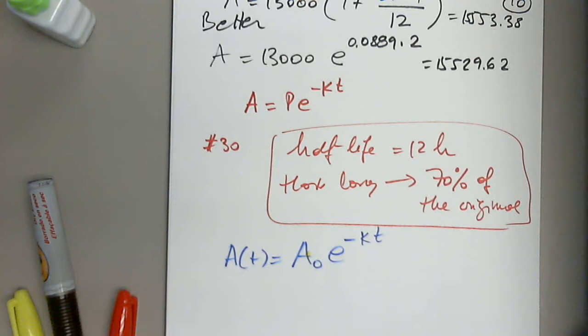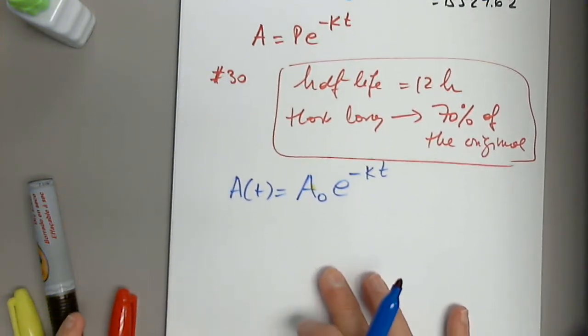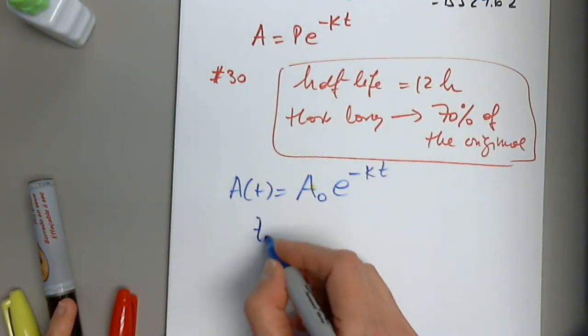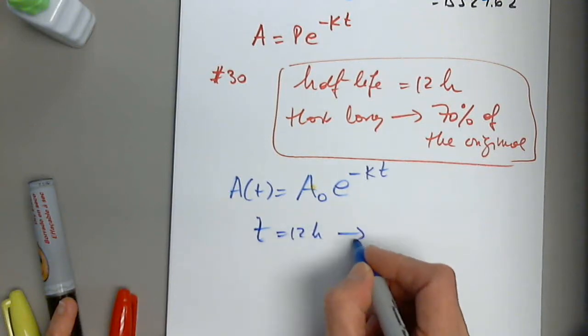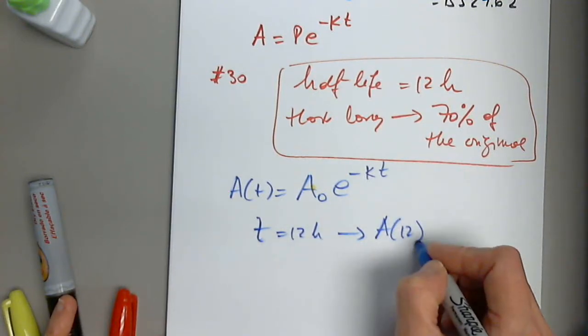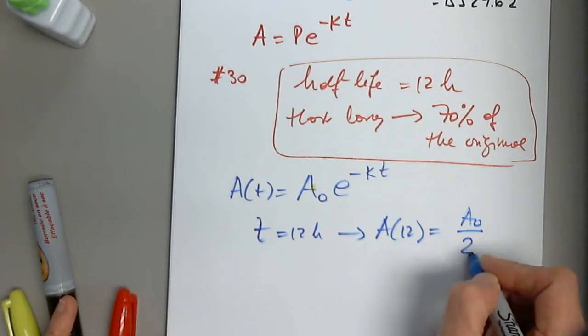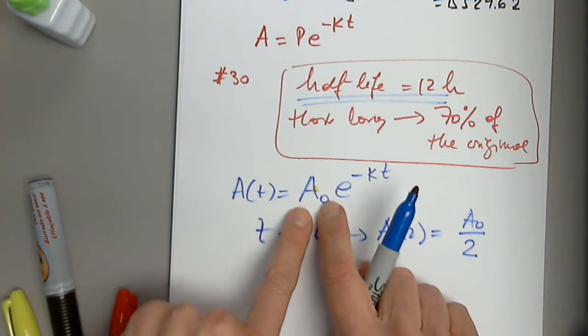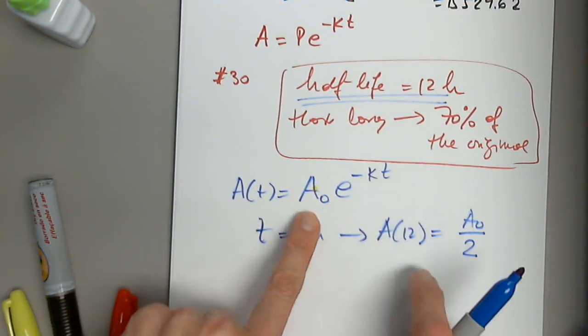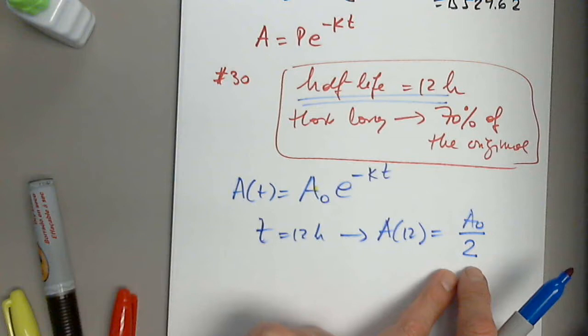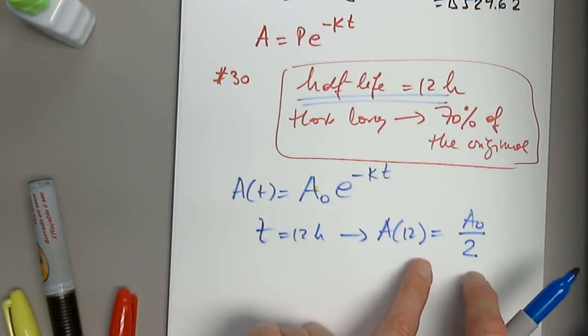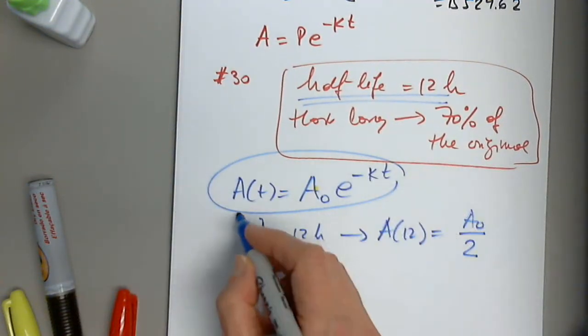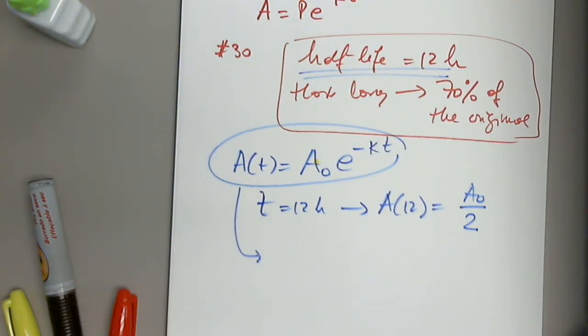So t equals 12 hours means A of 12 will be the original divided by 2. This is what the half-life is telling us. Whatever I start with, in 12 hours it becomes half. Is that understood? Then can anyone dictate the equation that I should work with?